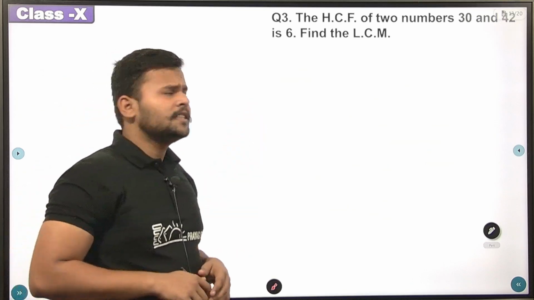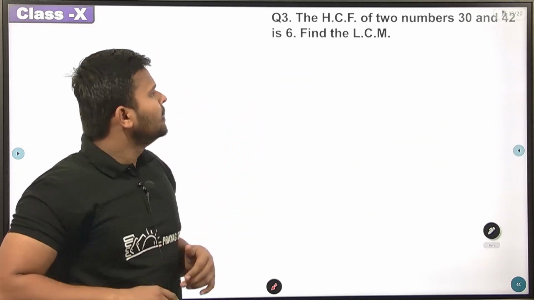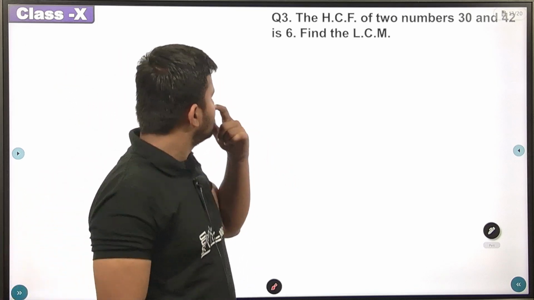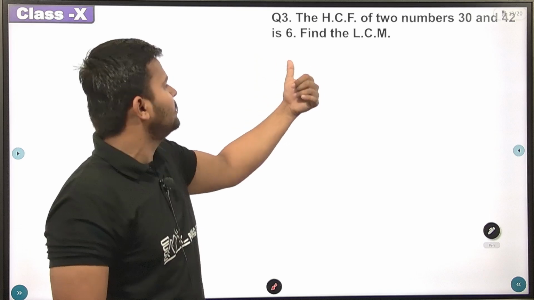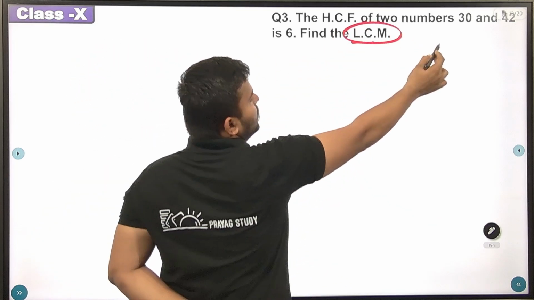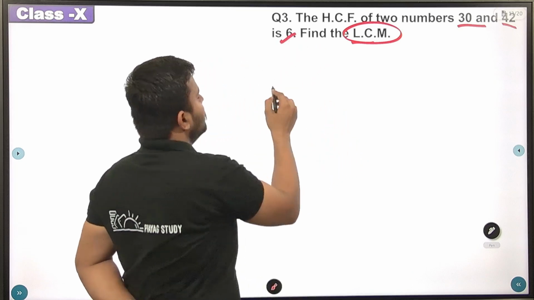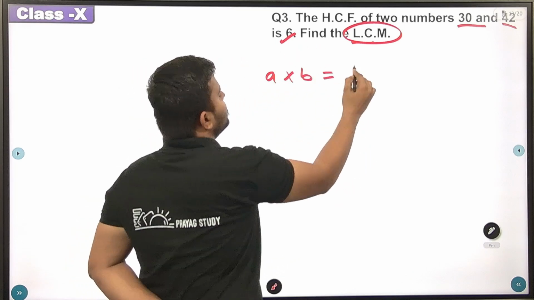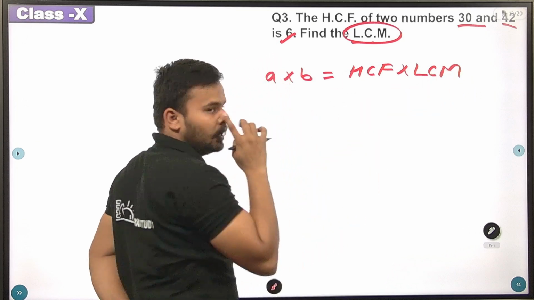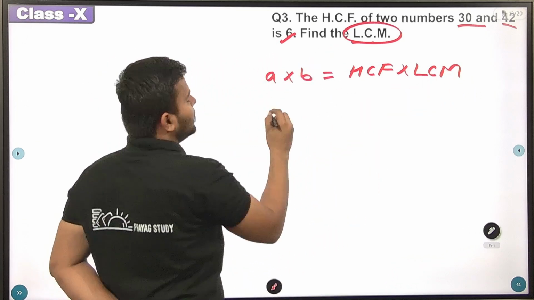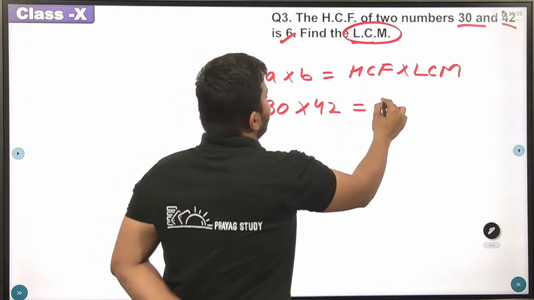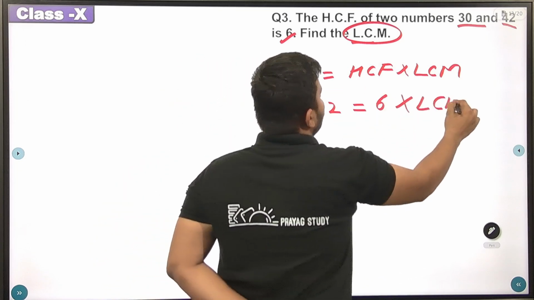Now the next question says the HCF of the two numbers 30 and 42 is 6. Find their LCM. So here we have to find the LCM. The HCF of the two numbers is given, that is 6. A into B equals HCF into LCM, we know, right? So write 30 into 42 is equal to HCF, which is 6, into LCM, which we have to find out.